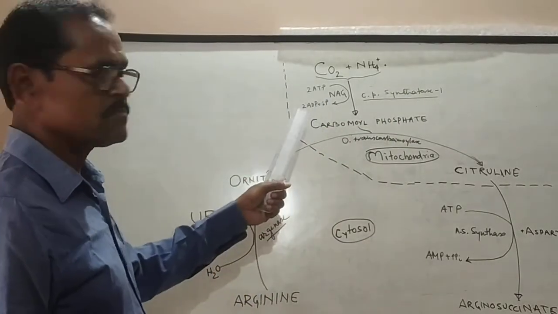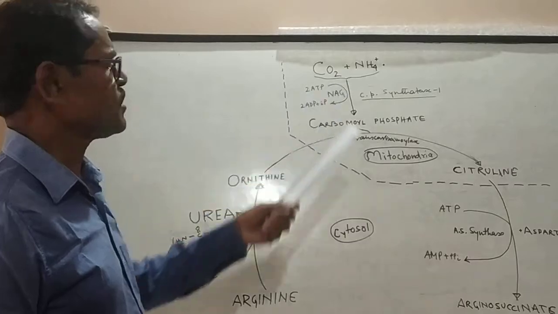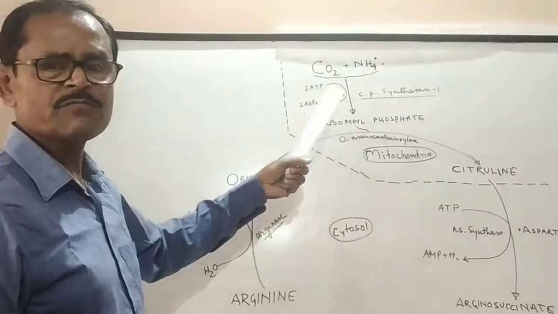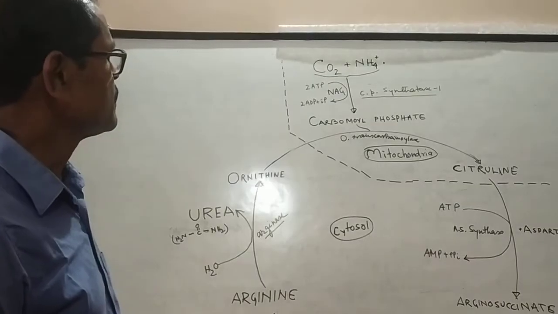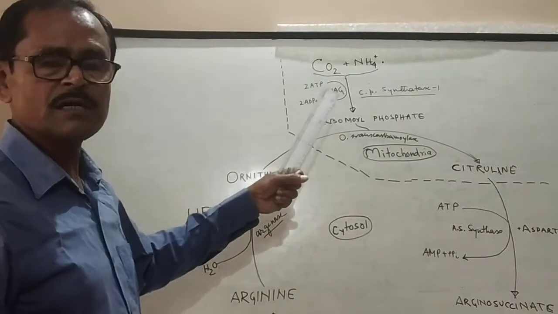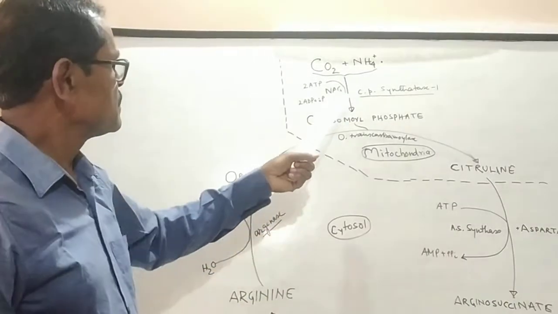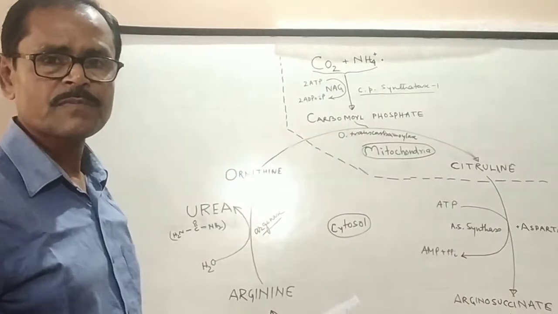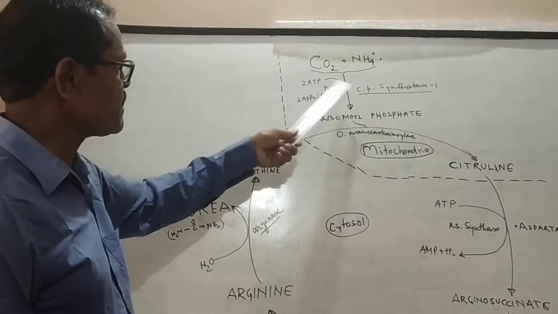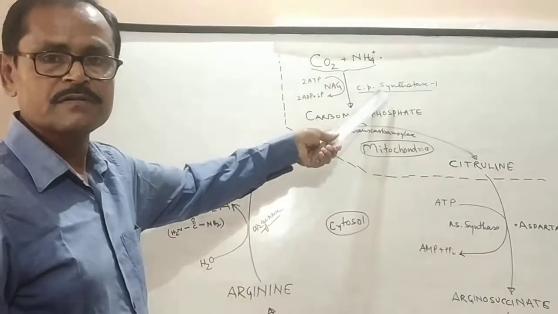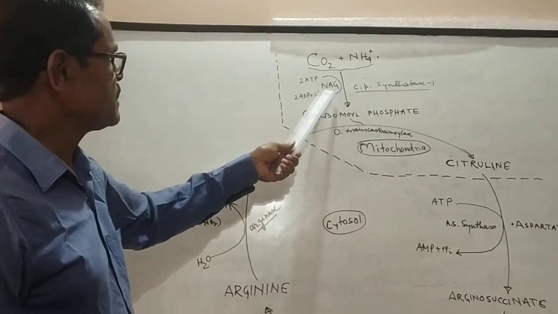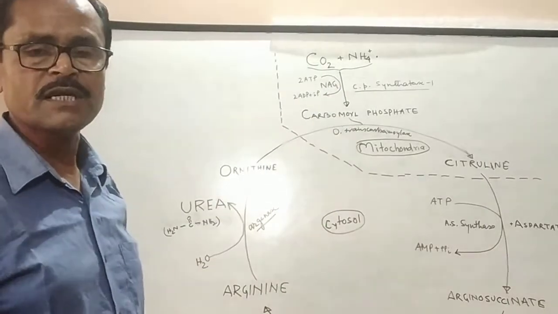At that time it uses two ATP molecules, which convert into two ADP and inorganic phosphate, with the help of N-acetyl glutamate, NAG. That is important because it makes the enzyme active.